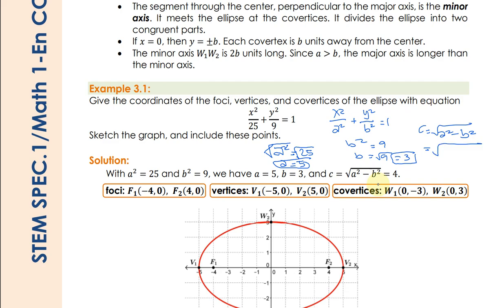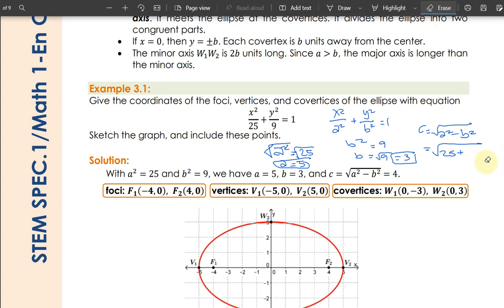Kani natay 25 minus b squared. So b squared is 9. So 25 minus 9. So 25 minus 9 is 16. So square root ni 16. So c is equal to 4.